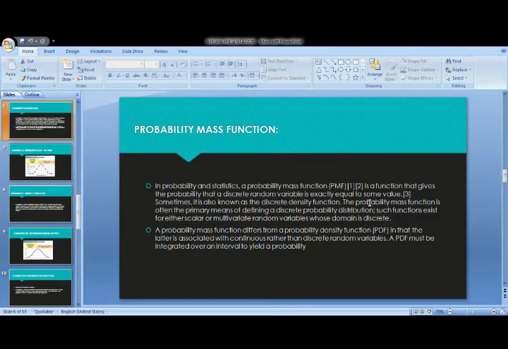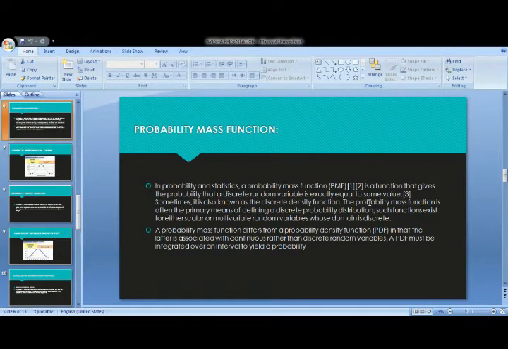That means that it is either a scalar or a multivariate random variable whose domain is discrete. The difference between probability mass function and probability density function, PDF, is that the latter is associated with continuous rather than discrete random variables. A PDF must be integrated over an interval to yield a probability.